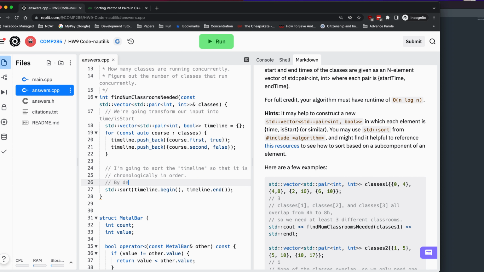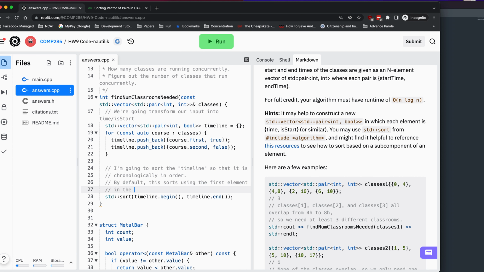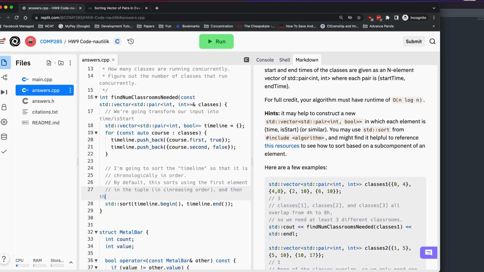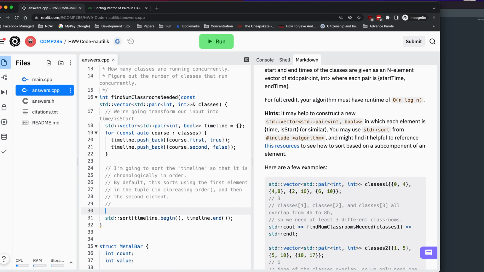So by default, this sorts using the first element in the tuple in increasing order, and then the second element.